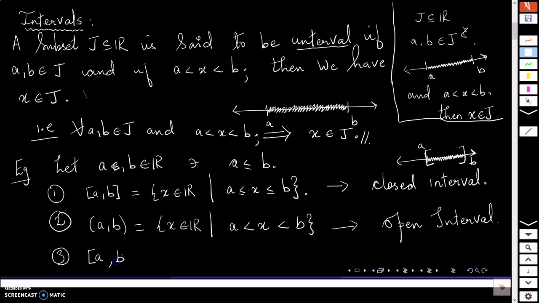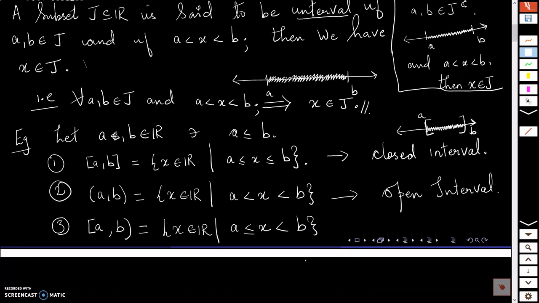And on the other side, I can have open interval this way. So this will contain all the real numbers x such that x is bigger than or equal to A. So x can be equal to A now. But it cannot take the value B because I have open side. So this will be strictly less than B.